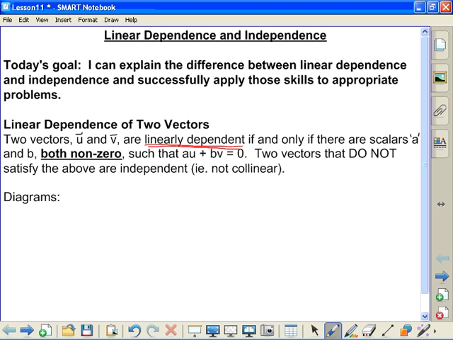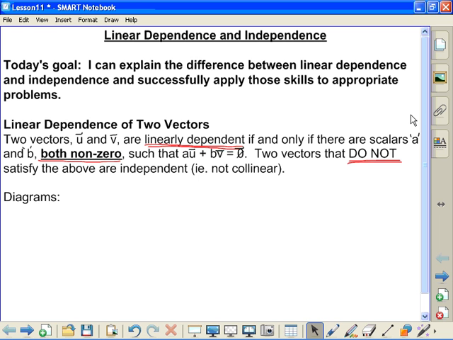So scalars a and b, both non-zero, so that means they're not zero multipliers, such that au plus bv equals the zero vector. Okay, so we have linear dependence if we can create the zero vector. So two vectors that do not satisfy this condition are, by definition, independent.